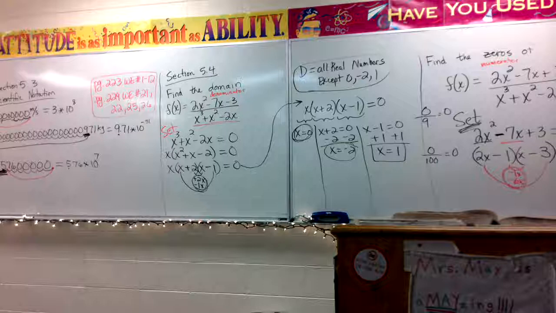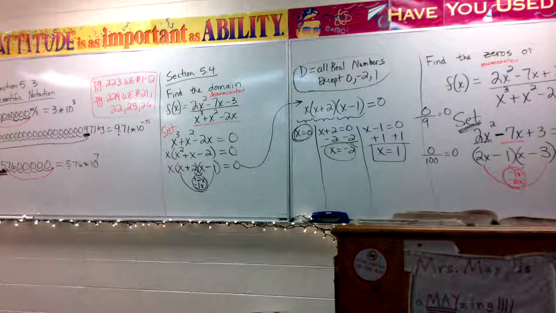All of those values make this denominator right here equal 0. And that's not allowed. It's not allowed. The denominator can't equal 0. Does that make sense?